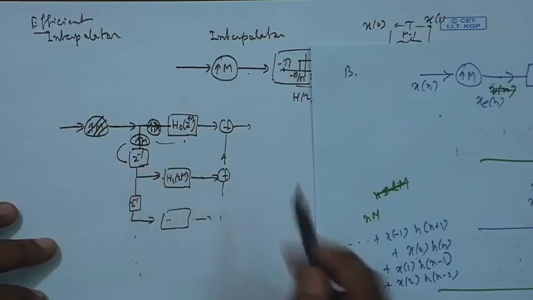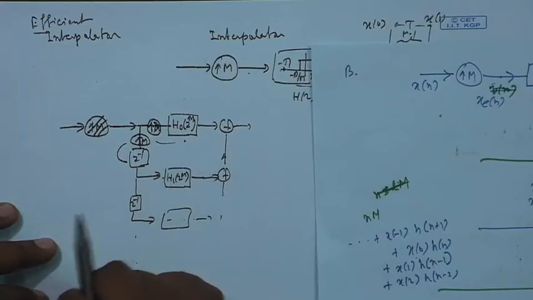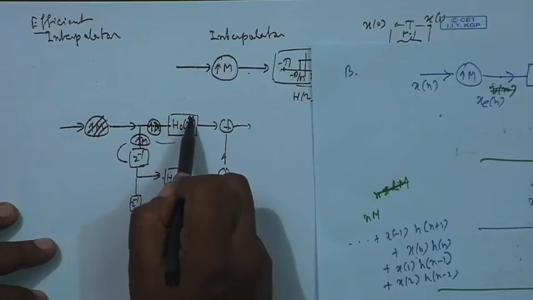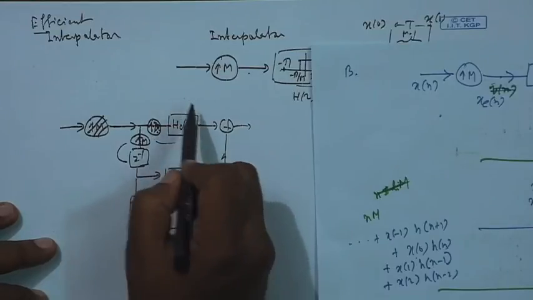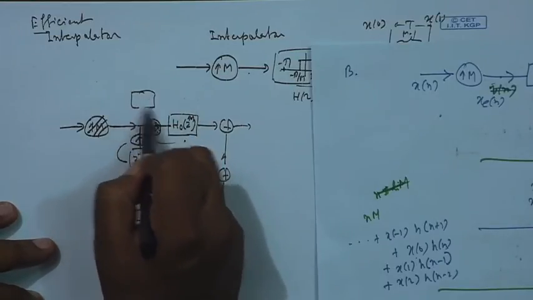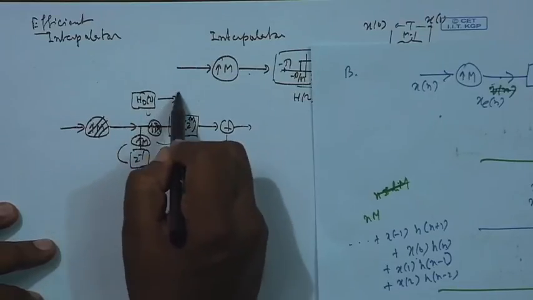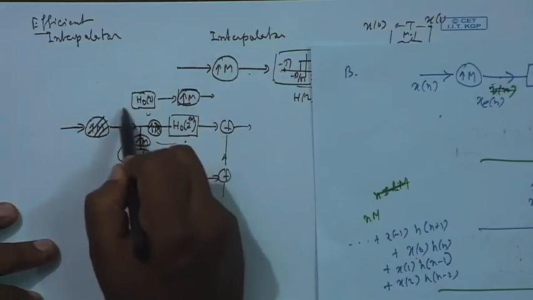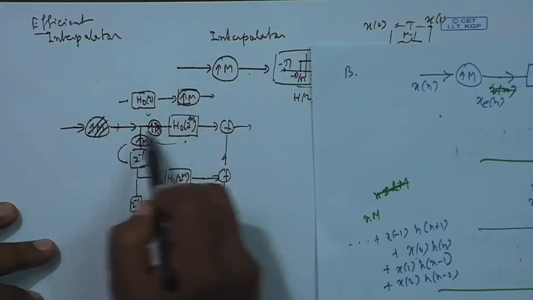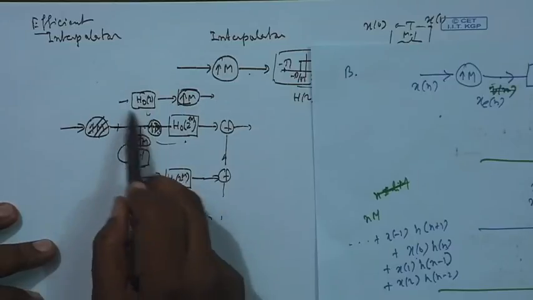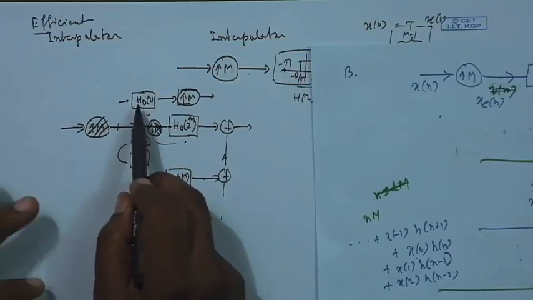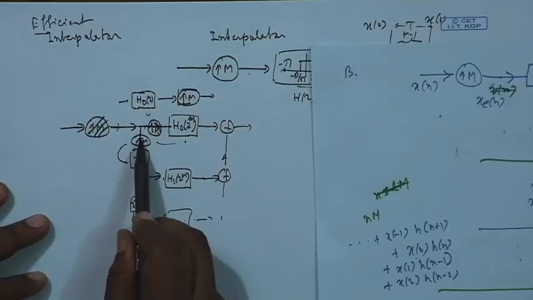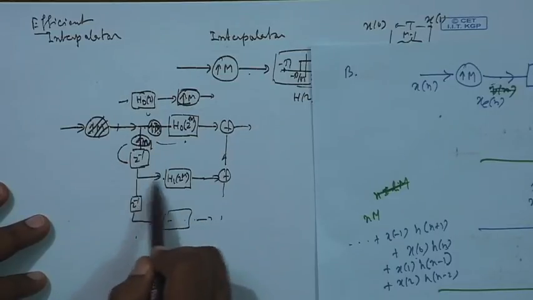Here, I see I can apply the noble identity B, that is into H 0 z to the power m and m. So, this particular part will become H 0 z, first it will come here, followed by expander, this part will become like that. So, this will be working at a slower clock, but this interpolator expander cannot be pushed here.